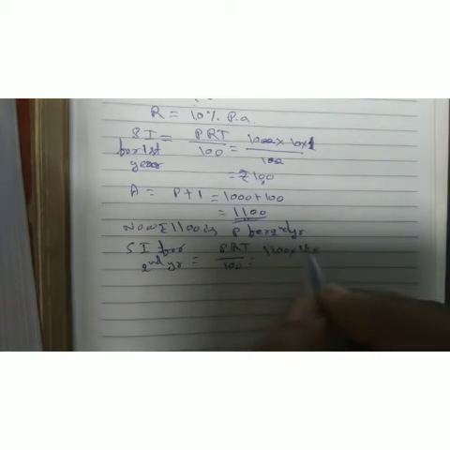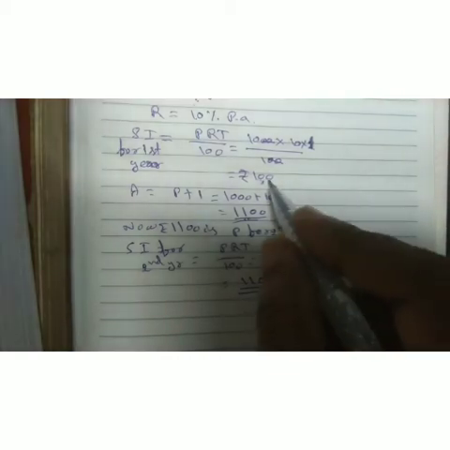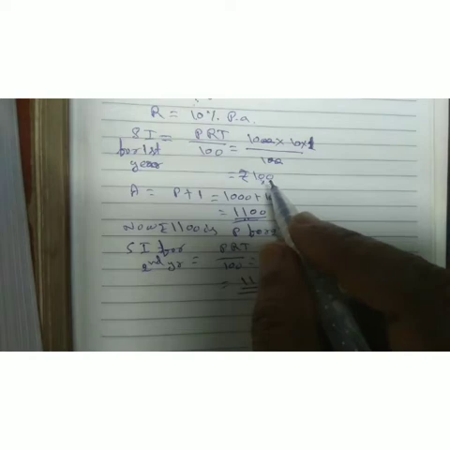Here the time is not 2 years, it is the next year, means 1 year only, by 100. So 20 cancels. How much is it? 11 into 10, 110. So for the second year, the interest is 110. For the first year, the interest is 100.